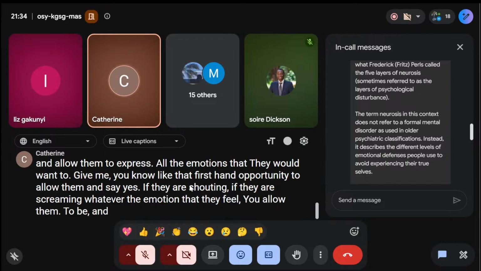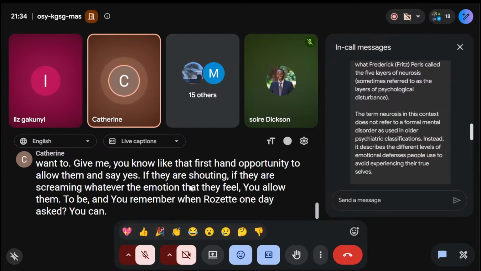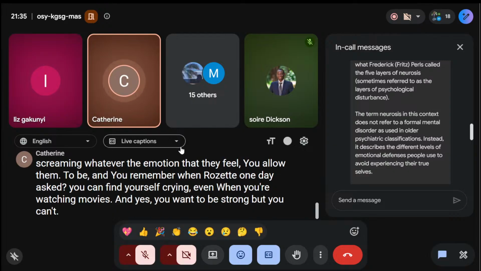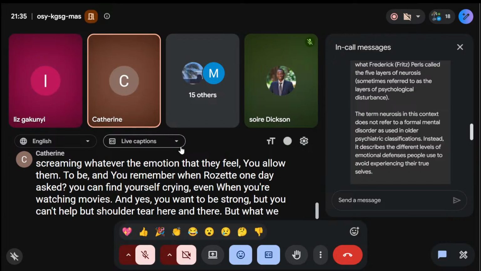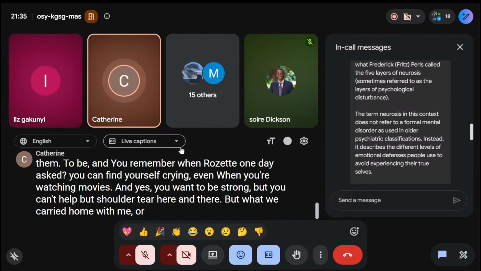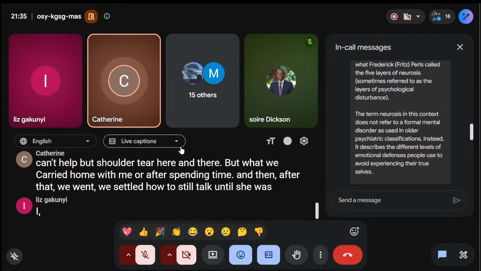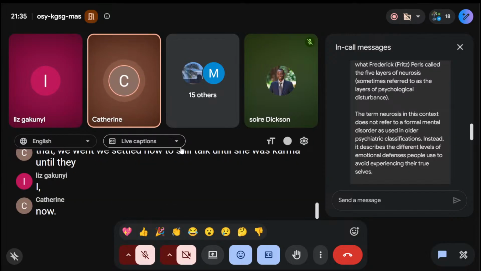And you remember when Rosette one day asked, you can find yourself crying even when you're watching movies. And yes, you want to be strong, but you can't help but shed a tear here and there. After spending time, we settled, allowed her to still talk until she was calmer, until they went home.